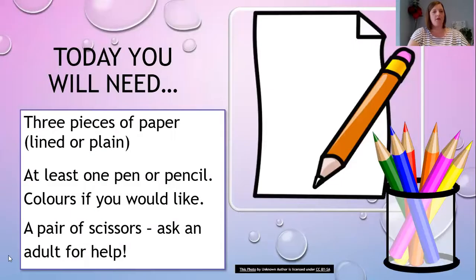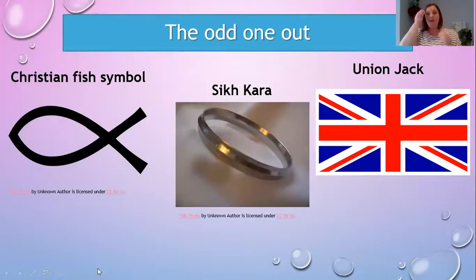Fantastic. Right, now that you've drawn them, let's start having a think about which one you think is the odd one out and why. Just going to share the screen to remind you of our little question prompts. Here we go. So we've got that Christian fish symbol, we've got the Sikh kara, and we've got the Union Jack.